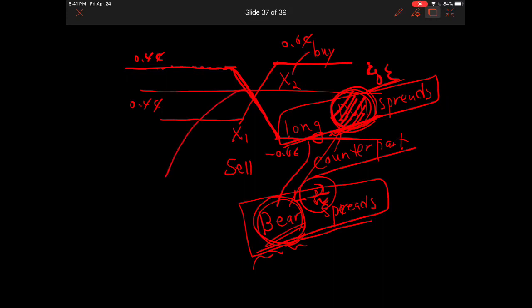Because he expects modest depreciation. You construct a long bull spread because you expect modest appreciation. Trade occurs between two parties as long as both of them have opposite outlooks on the value of the underlying asset in the future.